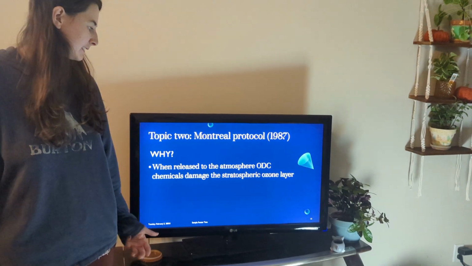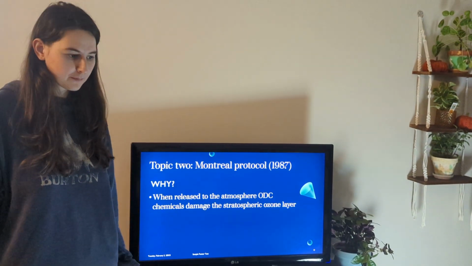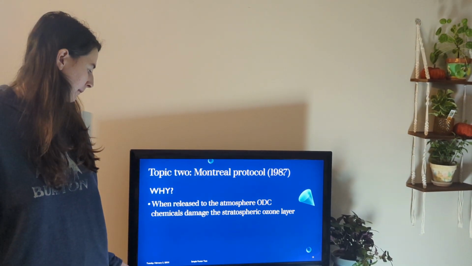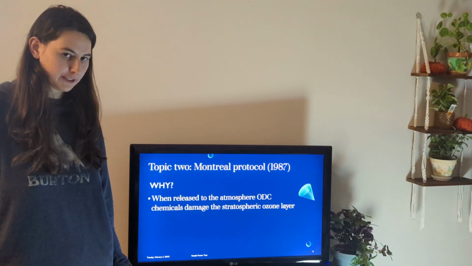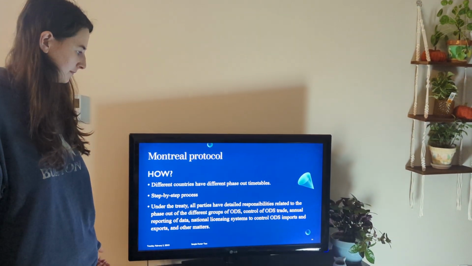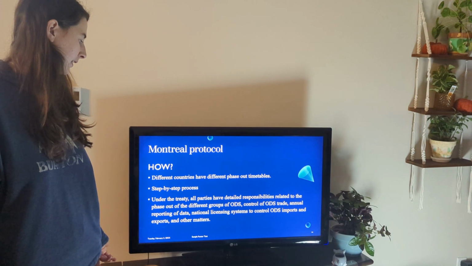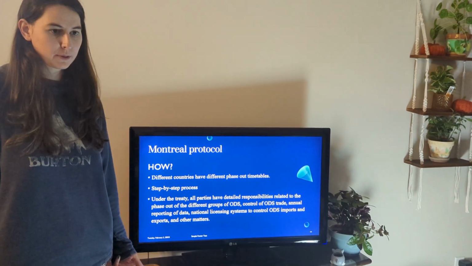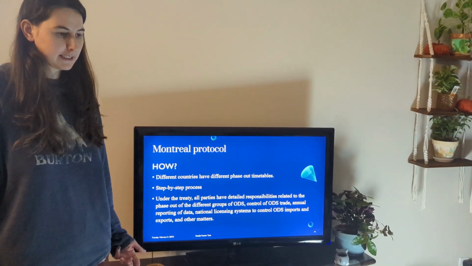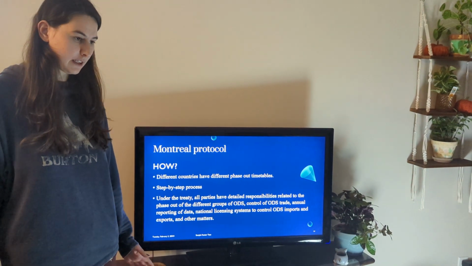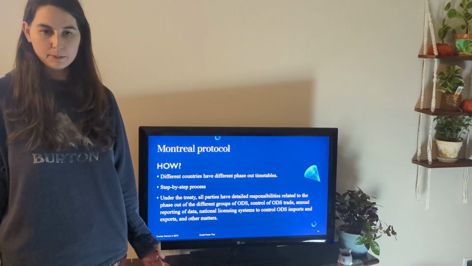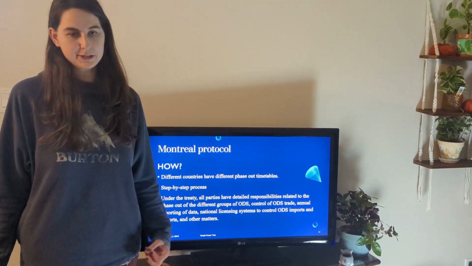When released into the atmosphere, ozone depleting chemicals damage the stratosphere and the ozone layer. And so the Montreal Protocol makes countries phase out these ozone depleting chemicals depending on their circumstances.